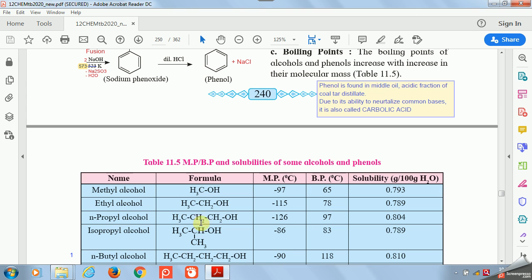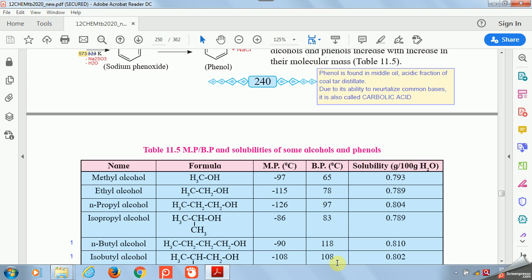So molecular mass goes on increasing, because in every new molecule there is addition of a CH2 group, and if you observe, the boiling point value also increases. So this is the general trend you can observe for any homologous series.